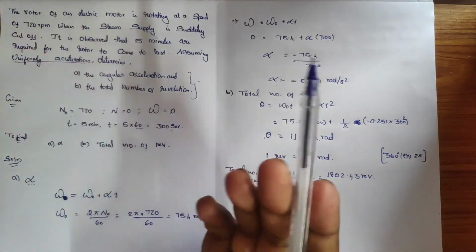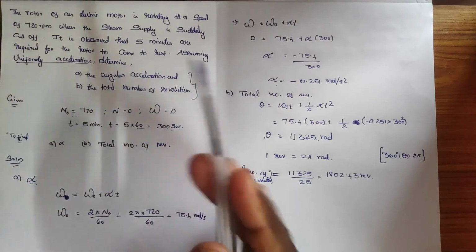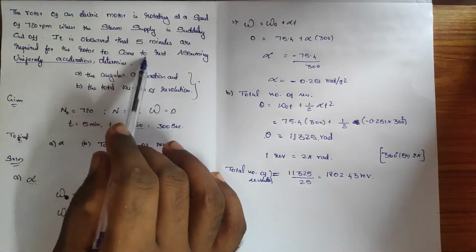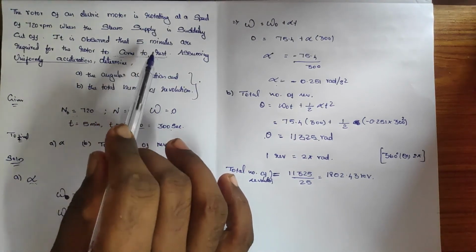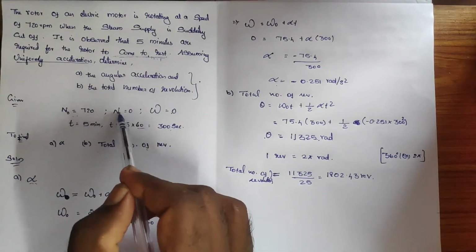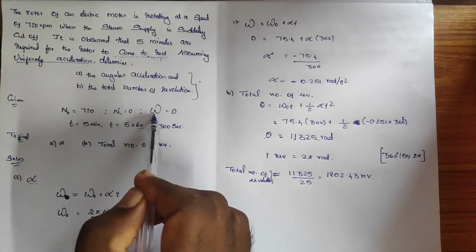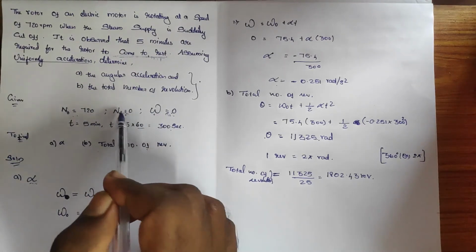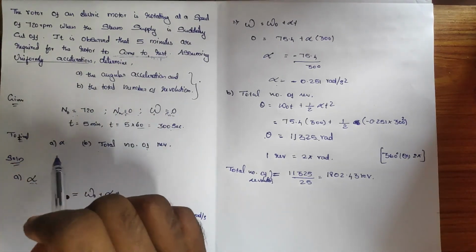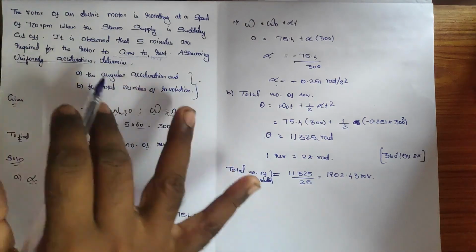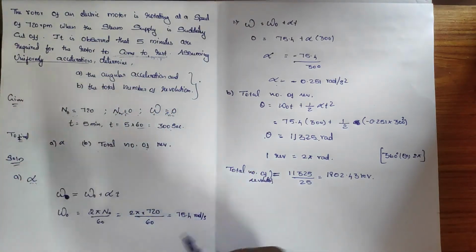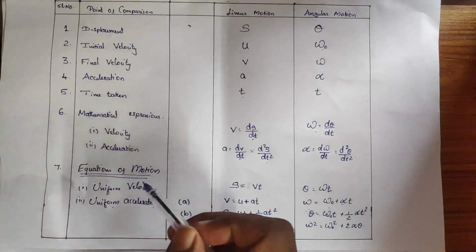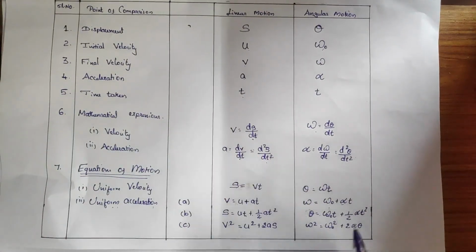When the electrical supply is cut off, it comes to the rest position, so that is the final one. So the final speed and angular velocity I have taken as 0. If you take the given data in a logical manner, it is easy to apply the basic equations of motion and identify the unknown things.